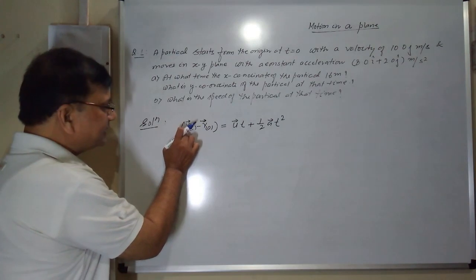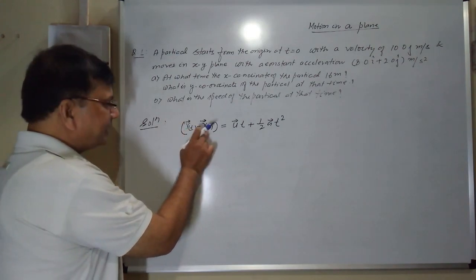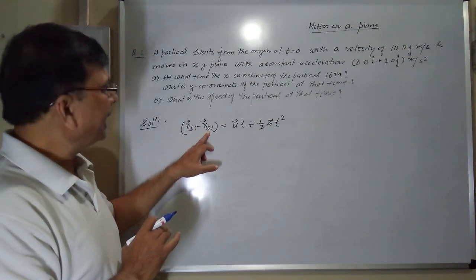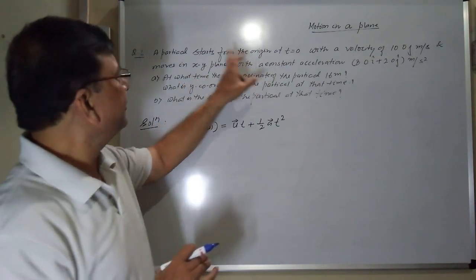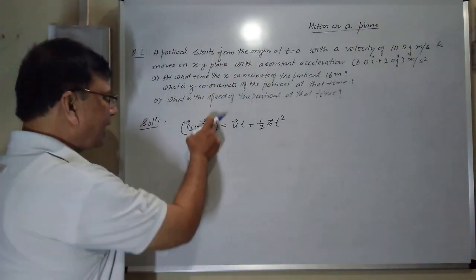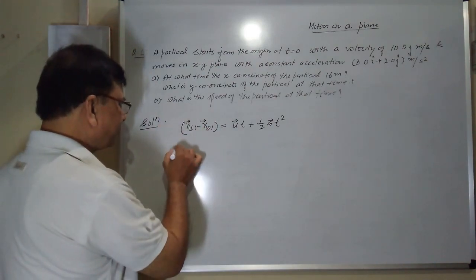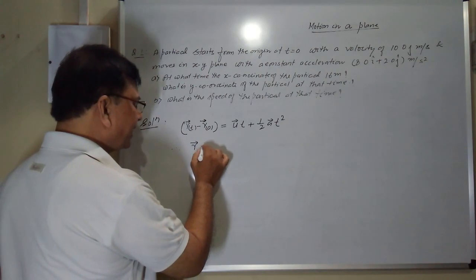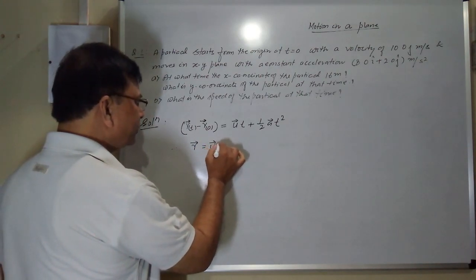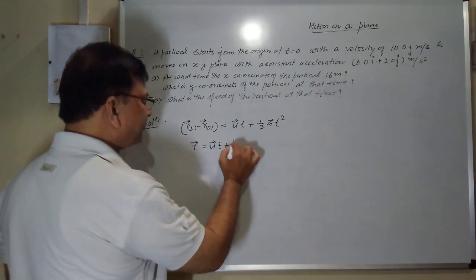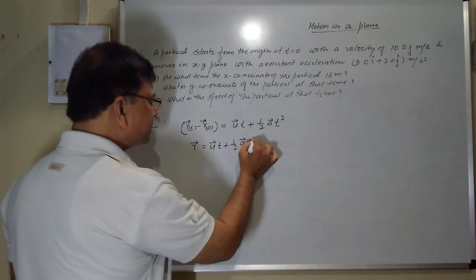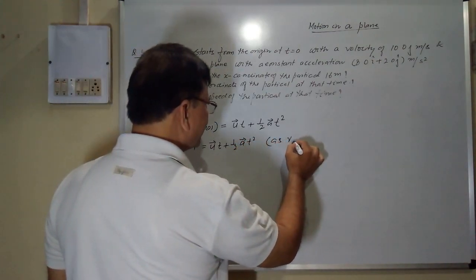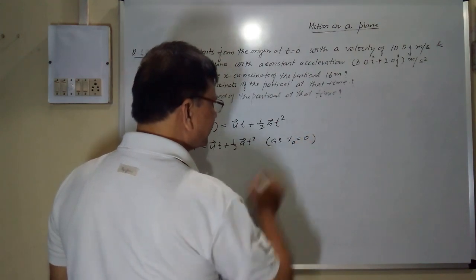So this is the position vector at time t. This is the position vector when t was 0. When t was 0, it started from origin, means r0 is 0. Therefore RT, I will write simply R is equal to ut plus half at square, as R0 is equal to 0, right?